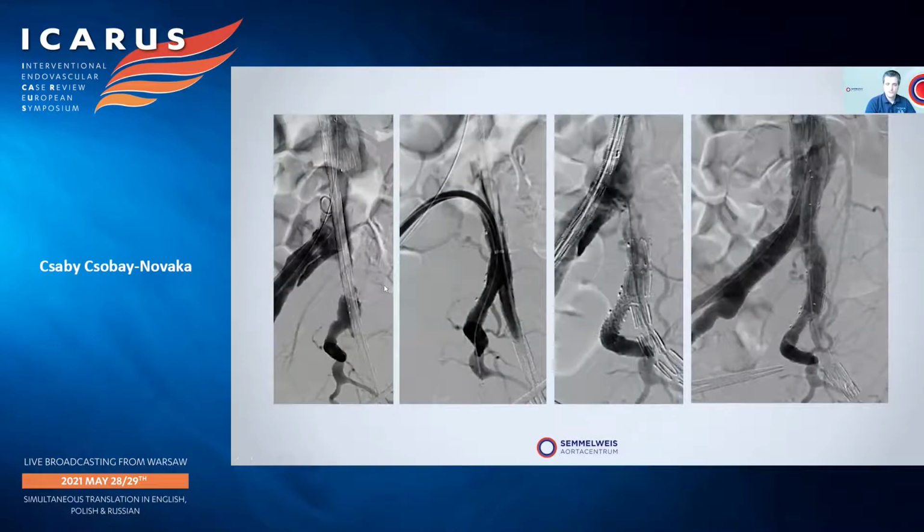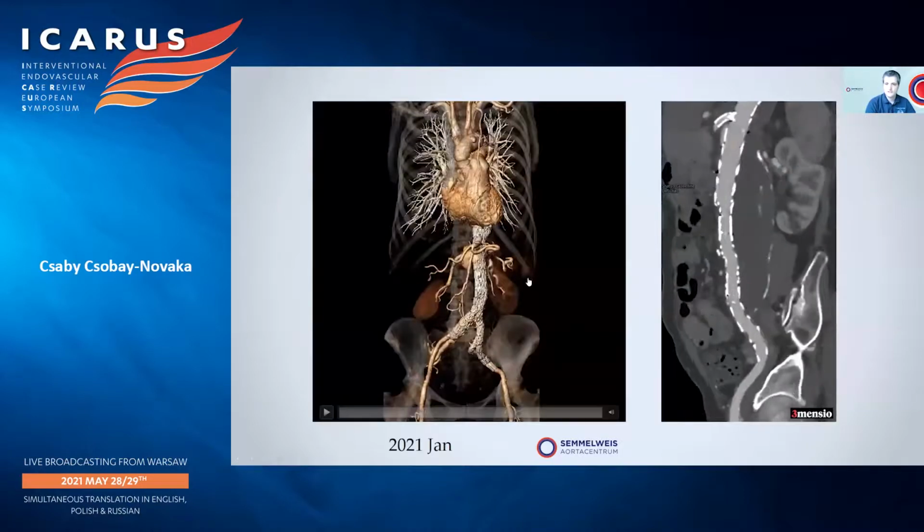After we finished the fenestrated repair, we continued with the IBD on the left side. We inserted the device, cannulated the left internal iliac artery, stented, and finished the operation with the unibody and the interconnecting limb between the unibody and the left iliac bifurcation device.